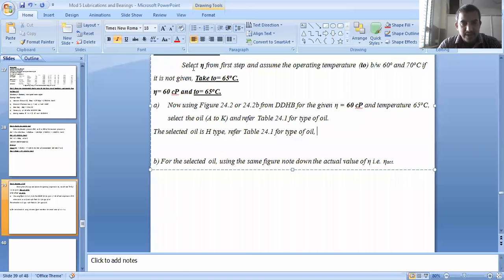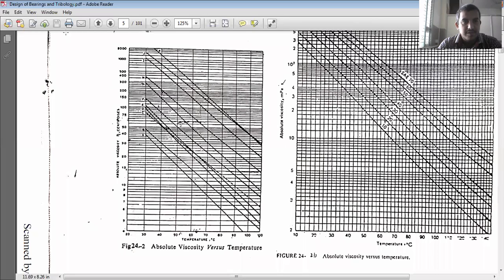Again, I'll go to the data handbook. Sir, aeroplane oil. But here it is a stationary slow speed engine, right? Yes, sir.